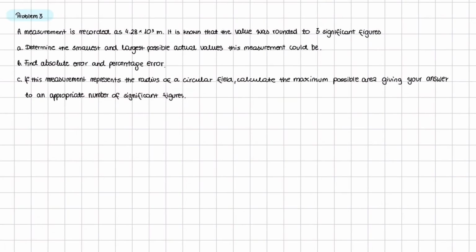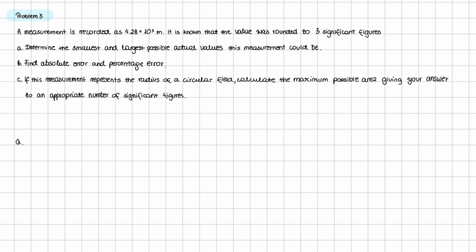Problem number 3. A measurement is recorded as 4.28 times 10 to the power 3 meters. It is also known that the value was rounded to 3 significant figures. Point A. We have to determine the smallest and largest possible actual values this measurement could be.